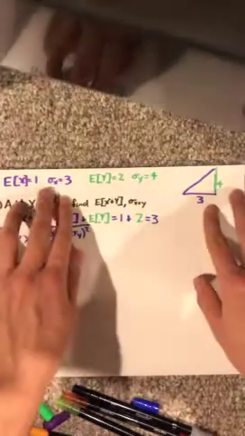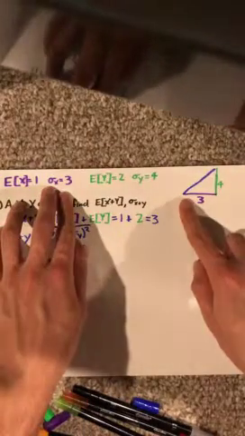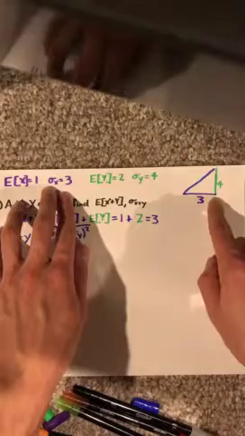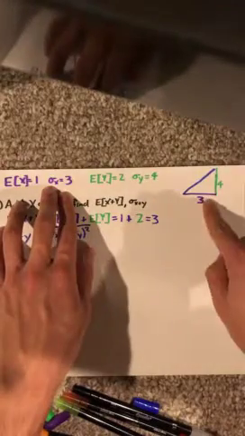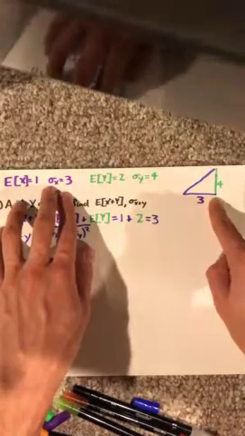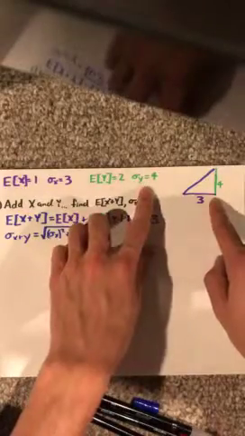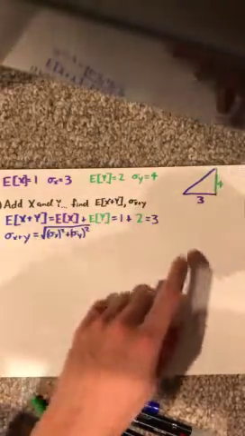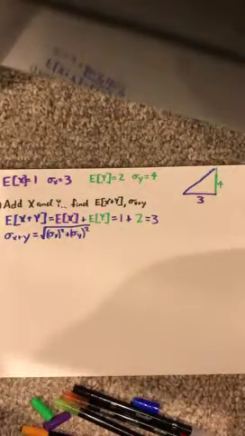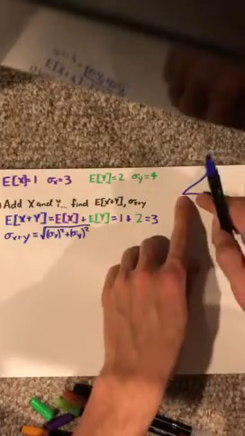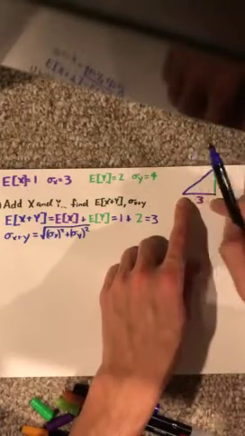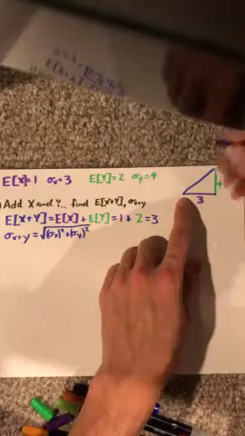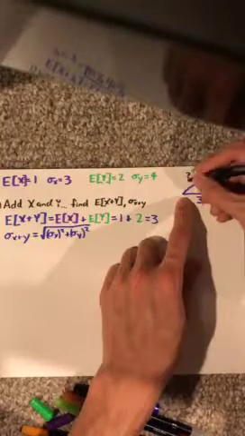So the standard deviation of x is 3, so we have a distance of 3 here. Our standard deviation of y is 4. And we naturally want to find the standard deviation of them together, which is this distance. So they went 3 this way and 4 up. We want to know what this is.